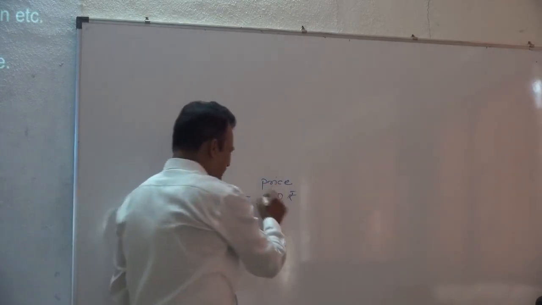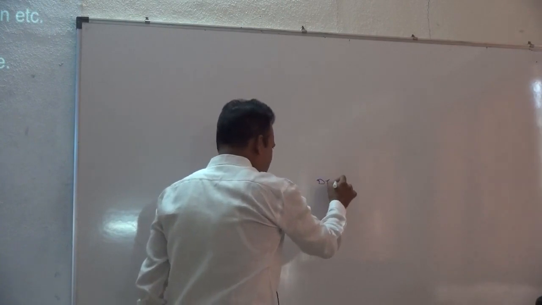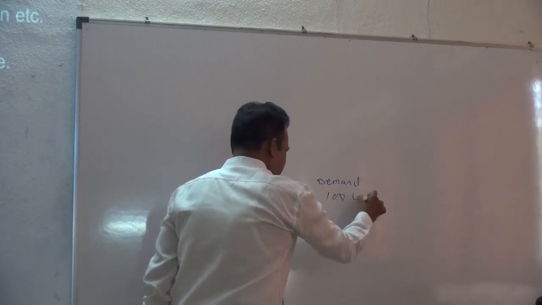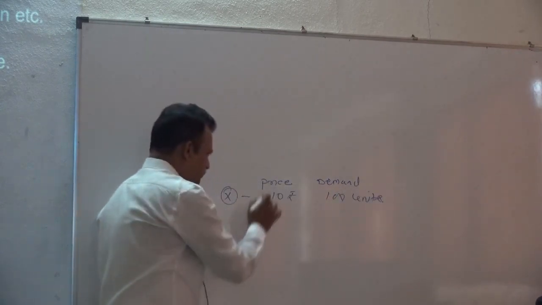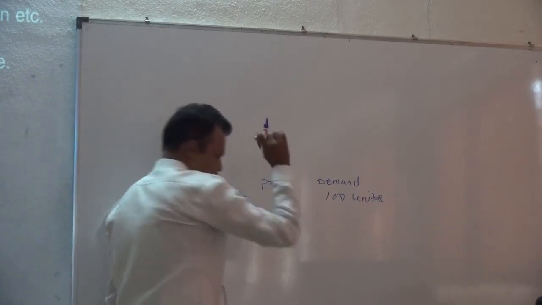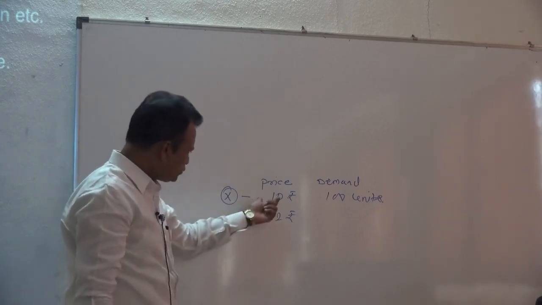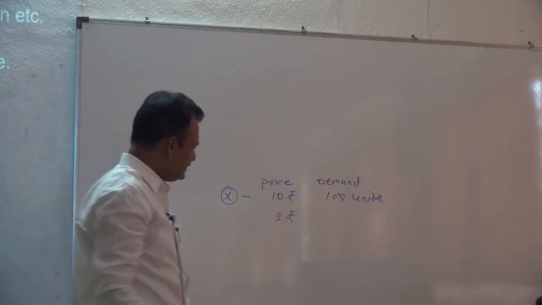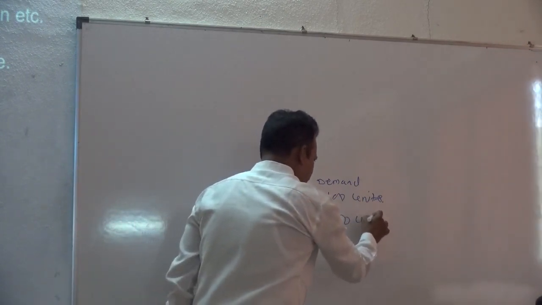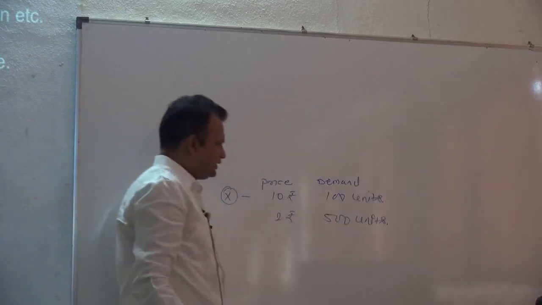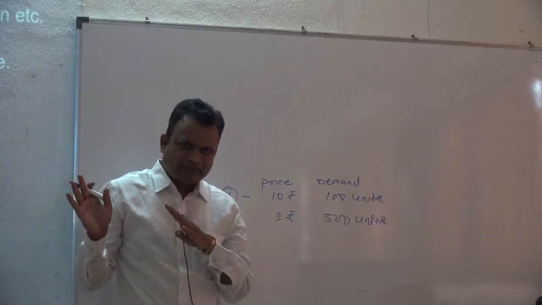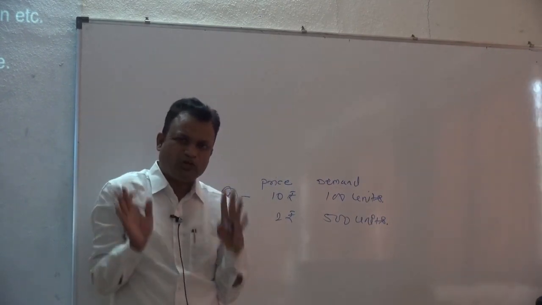When the price is 10, at that time demand is 100 units of commodity X. If the price falls from 10 rupees to 2 rupees per unit, and due to the reduction in price demand rises from 100 to near about 500 units, this is called expansion of demand due to just a fall in price alone.